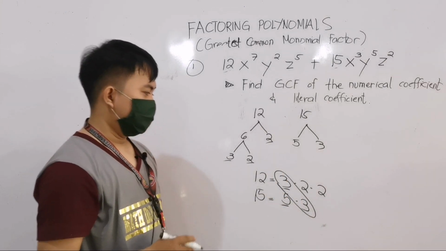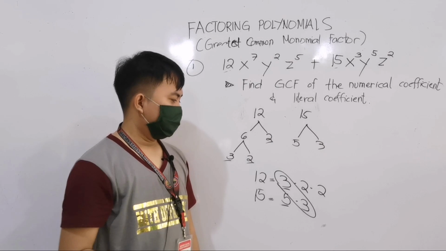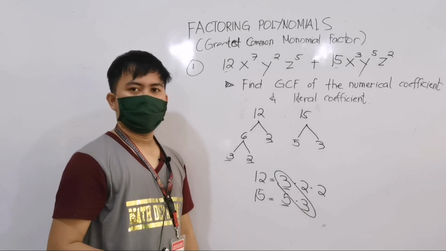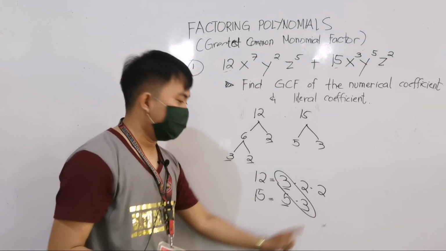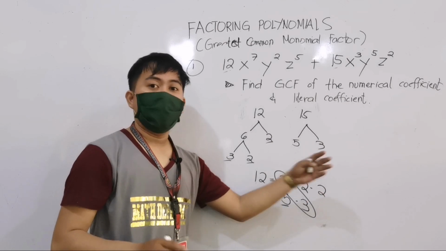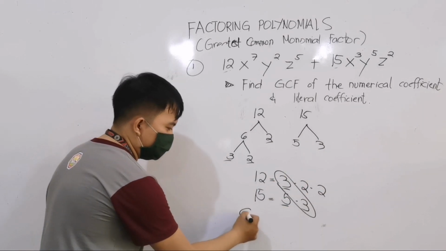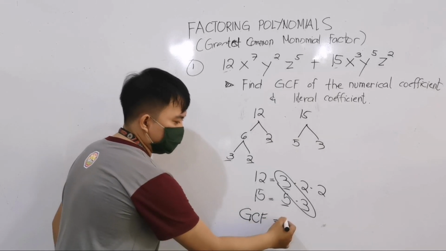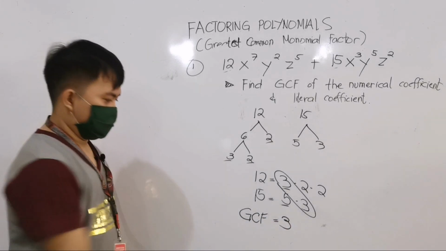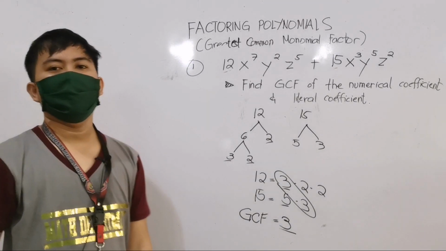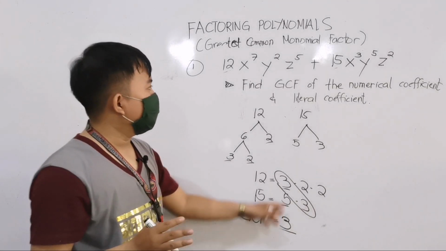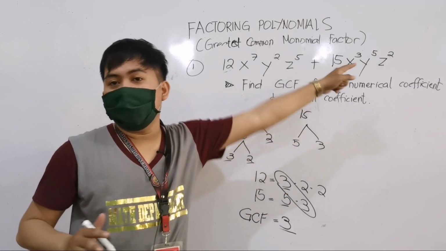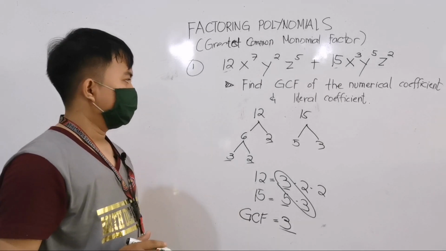So, 3 ay isa sa mga common factor. 2. Wala na dito. Another 2. Wala na rin. So, ibig sabihin, the GCF of these two numbers is 3. So, we are done now with the GCF of the numerical coefficient.